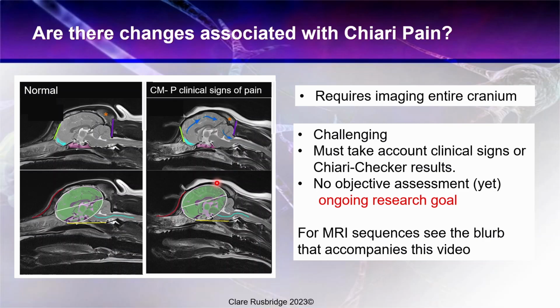Now, the first thing that should be said is this requires imaging of the entire cranium. The BVA scheme as a health check for breeding dogs doesn't require the whole cranium. You can just get away with taking the back of the skull, and this is for economic reasons, in that doing the entire cranium plus the spinal cord is a more expensive procedure.